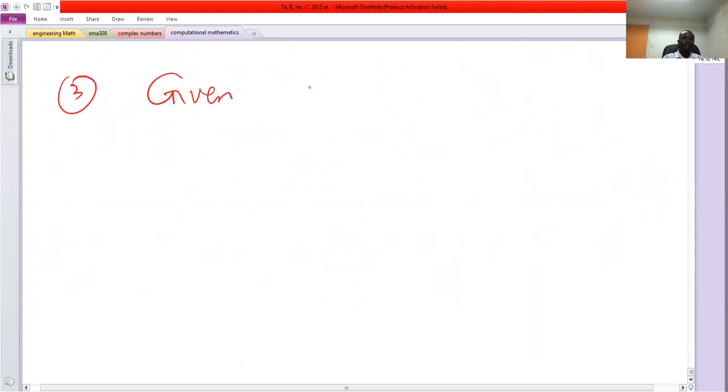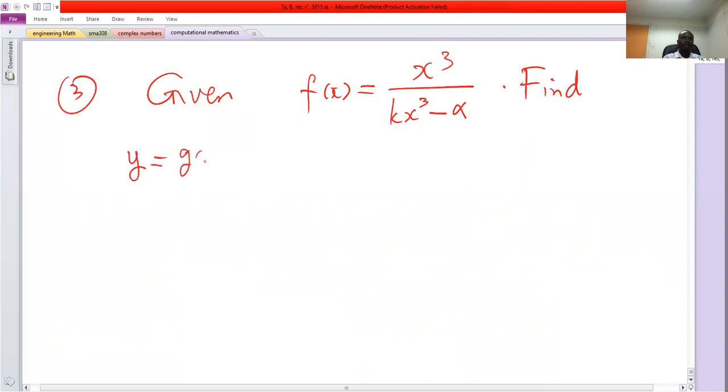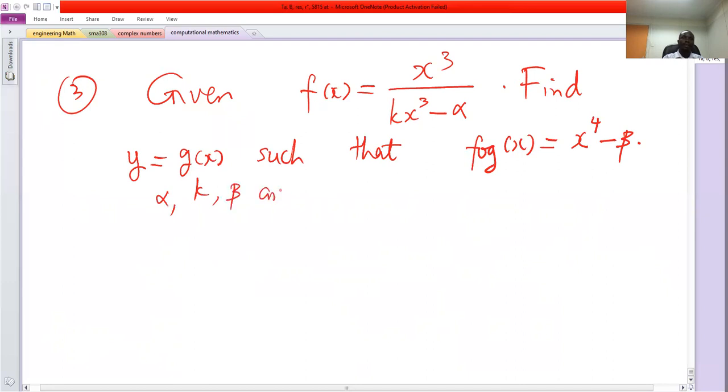Given f of x is x cubed over k x cubed minus alpha, find a function y equals g of x such that f composed with g gives you x power 4 minus beta. Here alpha, k, and beta are scalars or real numbers.